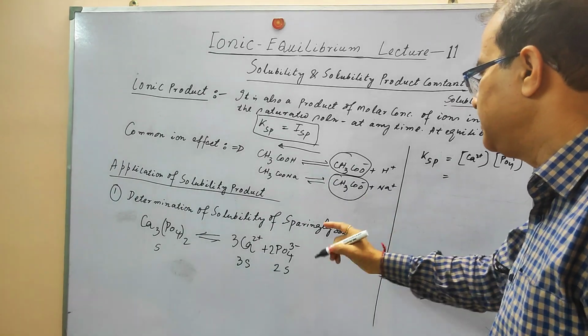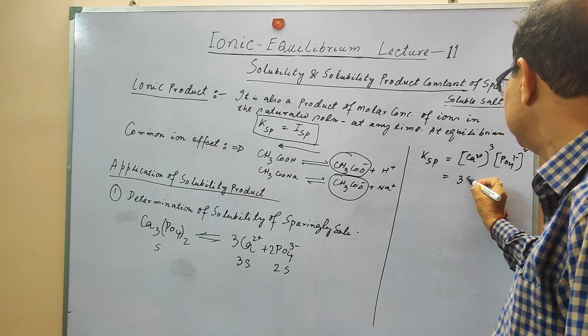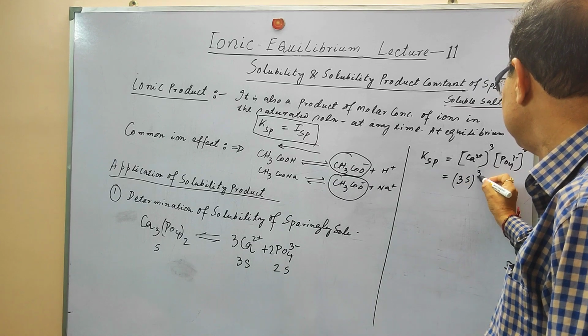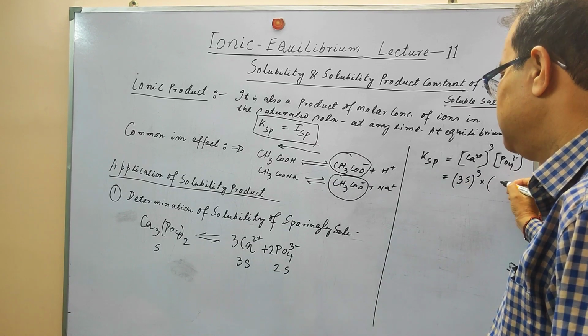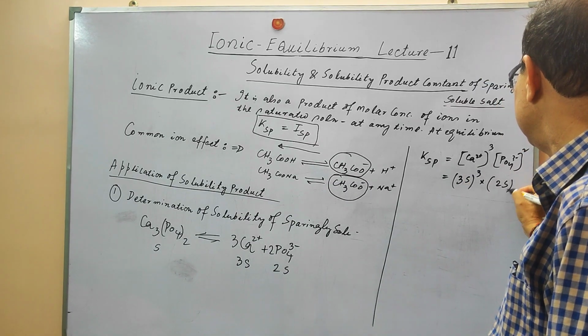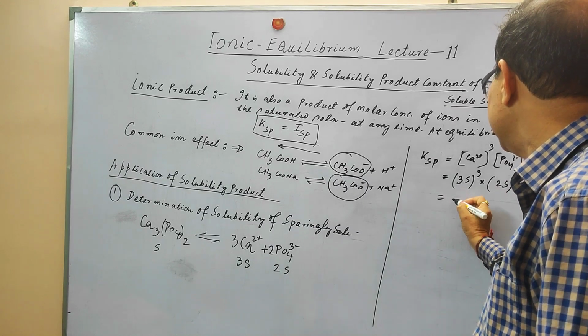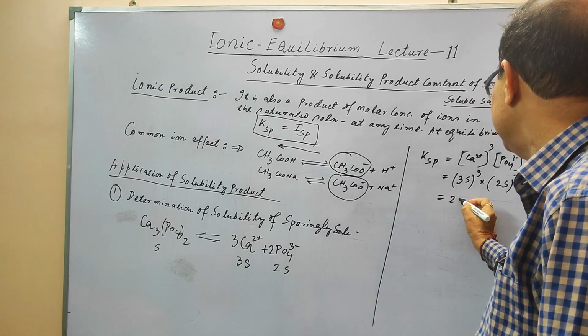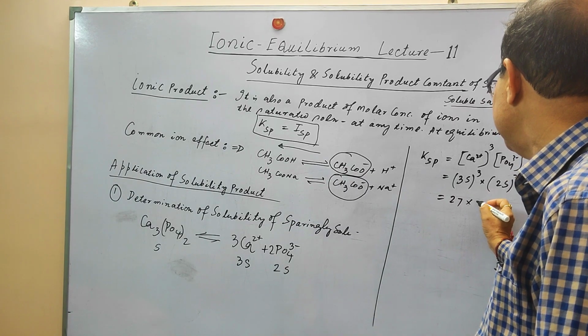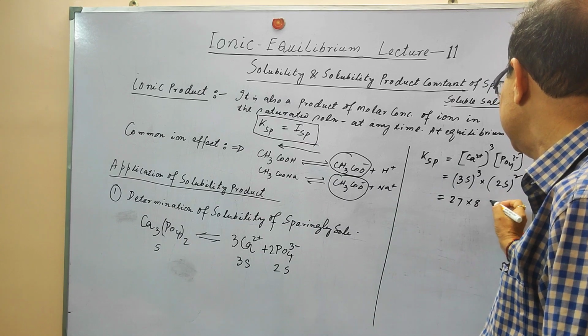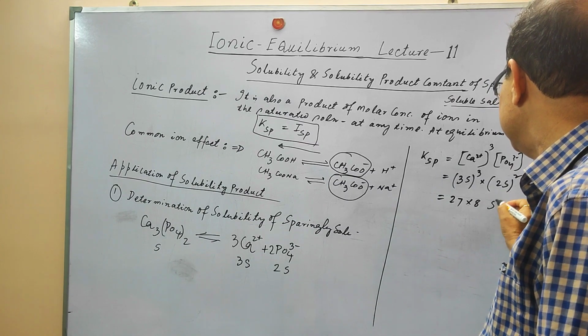So what is this? It is (3S) whole cube and (2S) whole square. So again we get 27 into 4, that is 108, and you get S to the power 5.